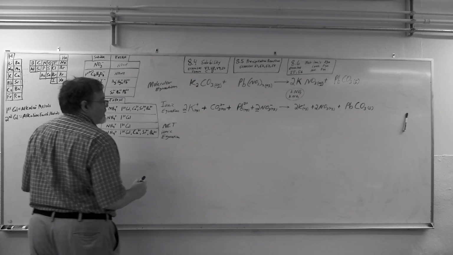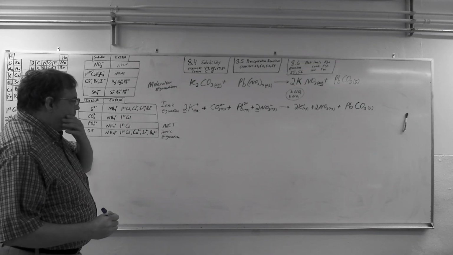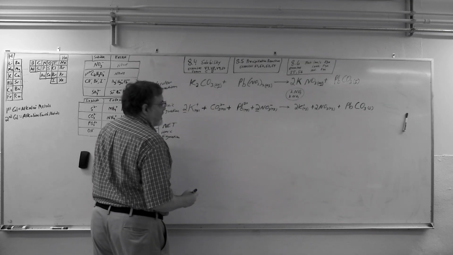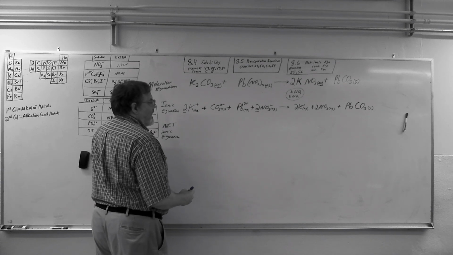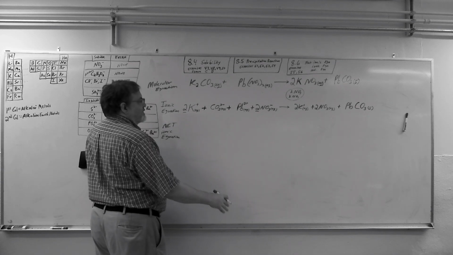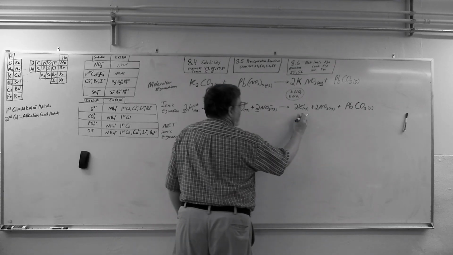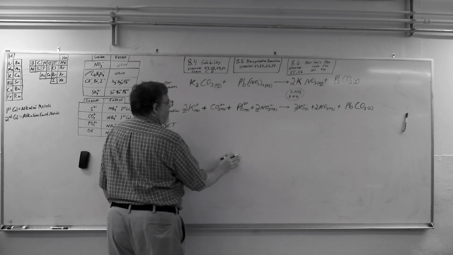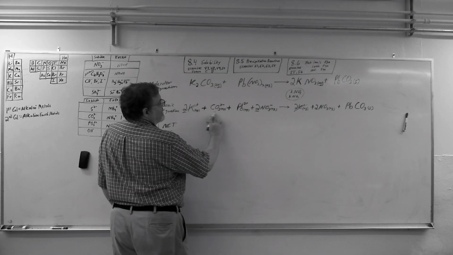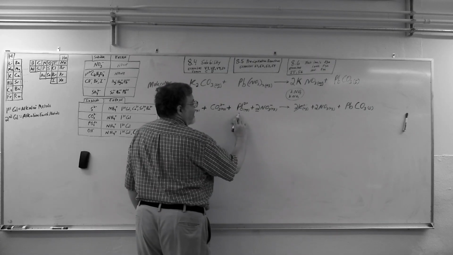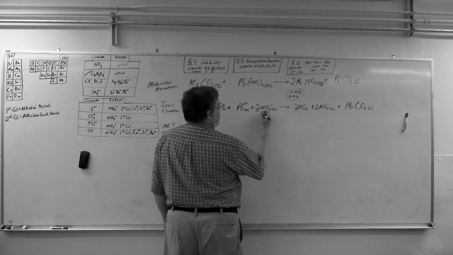The net ionic equation, you're basically crossing off everything that's the same on both sides. Meaning we have 2K+ on this side, we have 2K+ on this side. We don't have a CO3 2- over there, and we don't have a Pb2+ over there.